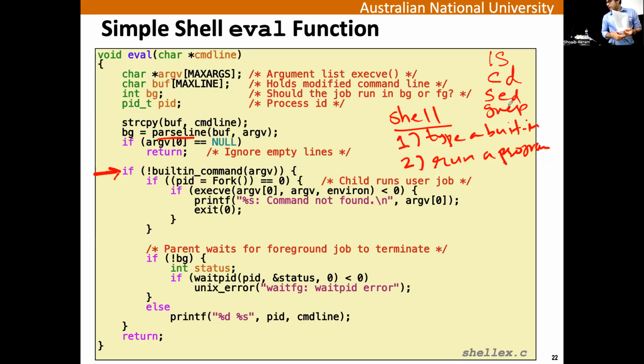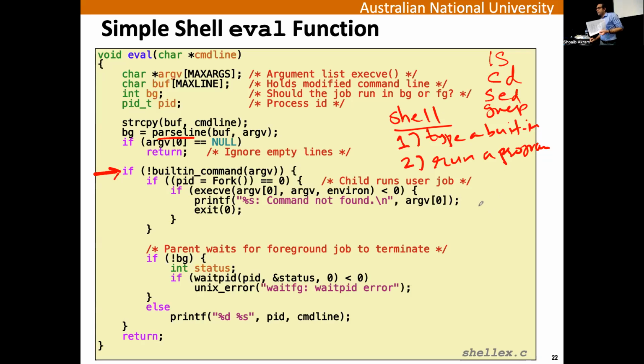What do I mean by running a program? Imagine all the programs that you're writing in the lab, array, string copy, and so on, tons of programs in each lab.